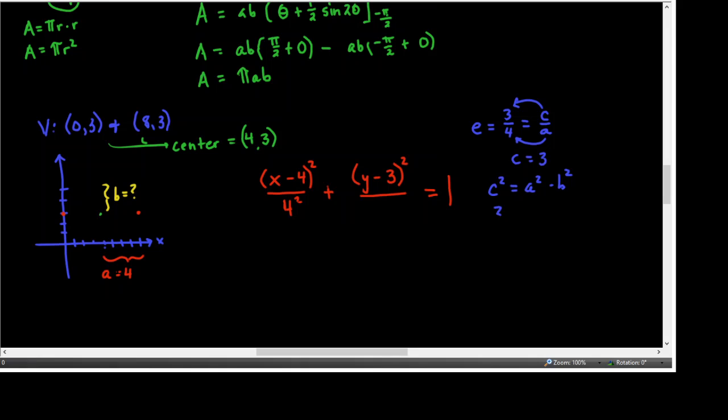So 3 squared should equal 4 squared minus b squared. So that means that b squared should be 16 minus 9, which is 7. And actually that's as far as I want to go, because b squared is what goes under the y in that fraction.